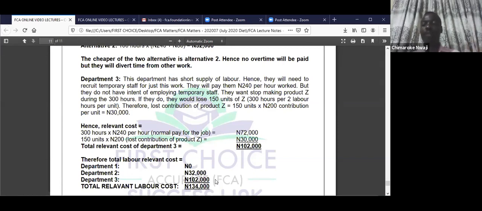You've identified what relevance means here, picked those items and come up with a figure. That answer for relevant costs is the minimum cost, or the minimum price you can give to your contract. If you charge anything below that, you'll be running at a loss.